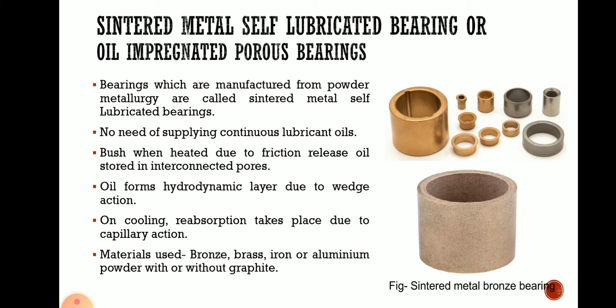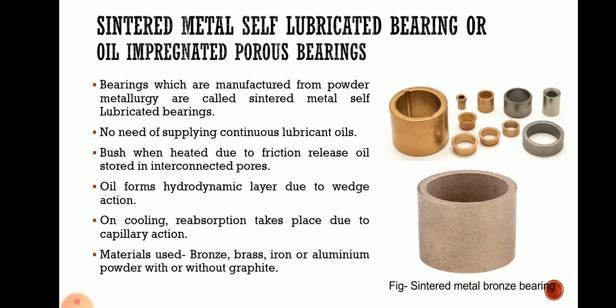The bearings which are manufactured by powder metallurgy are called sintered metal self-lubricated bearings or oil impregnated porous bearings. Here there is no need of supplying continuous lubricant oil because they have oil soaked in, which is called pre-impregnation. They are impregnated in oil previously, at the start only. They utilize the same oil continuously for hundreds of years.